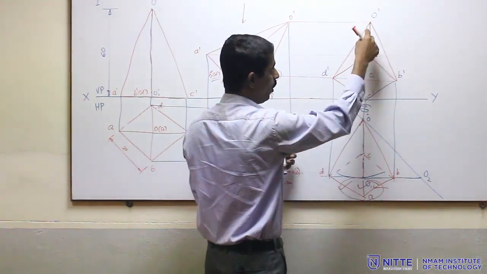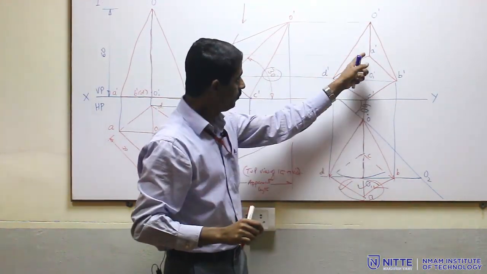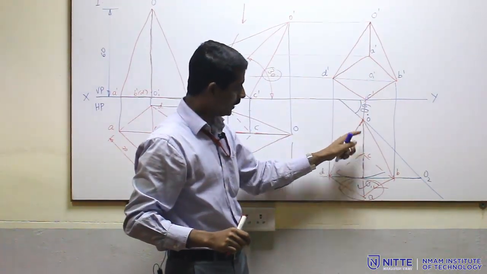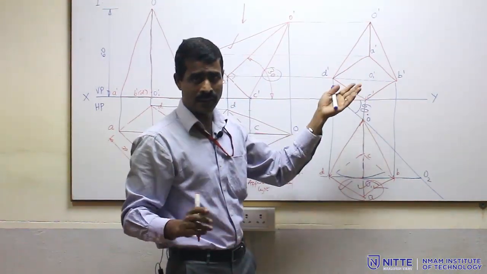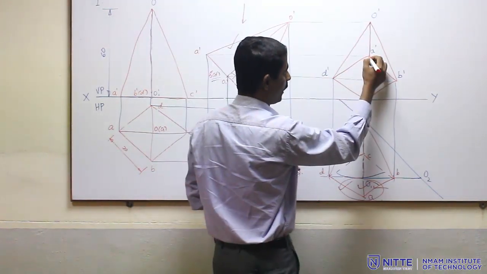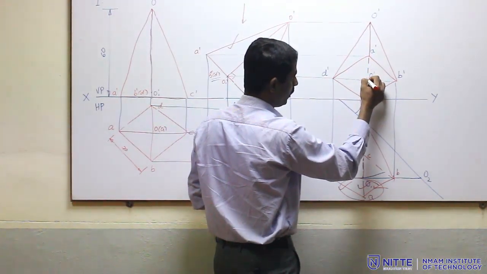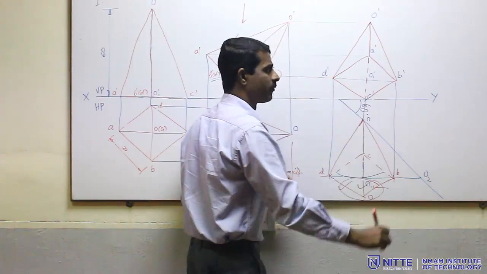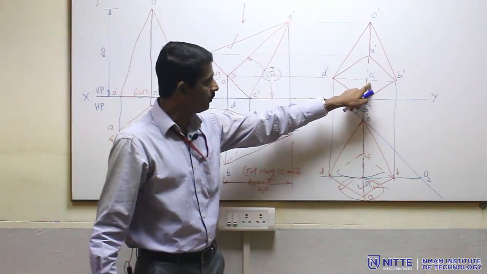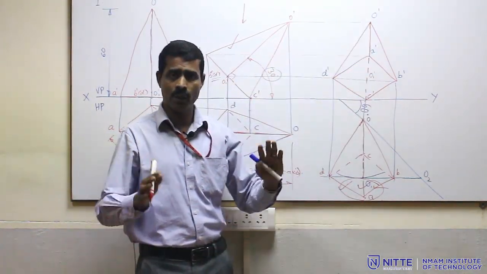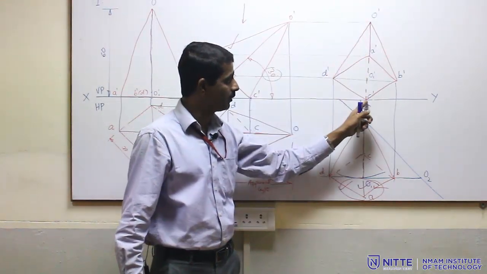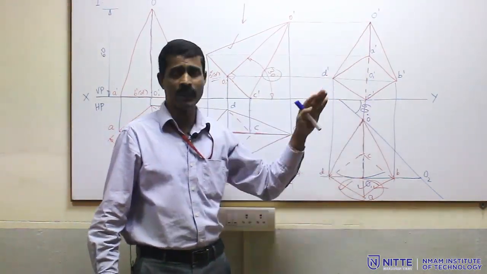So O dash to A dash is a visible edge, but O dash to C dash, which comes on the backside, is not visible, so I have to make this particular line invisible. Again there is an axis between O dash and O1 dash, but I cannot represent it because O dash C dash is overlapping the axis.